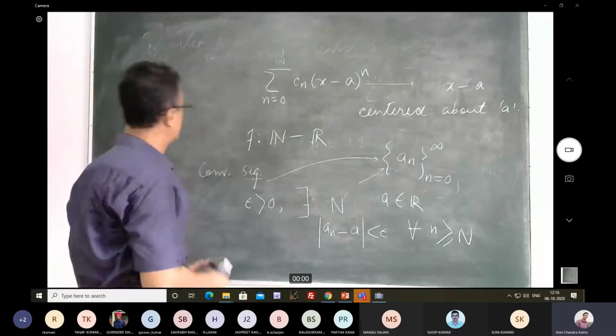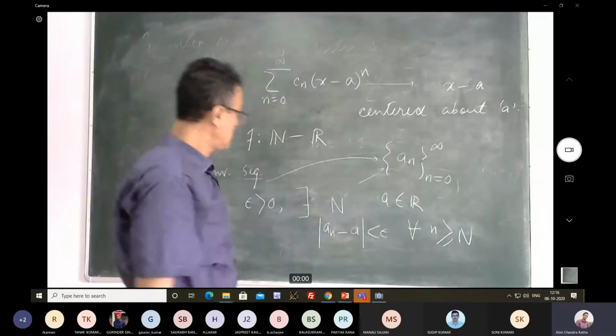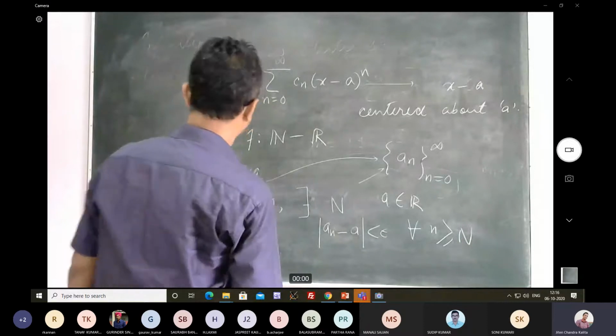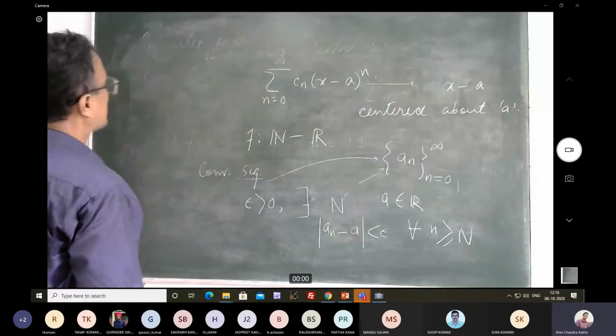It is similar to the convergence of an infinite series. And what is that?